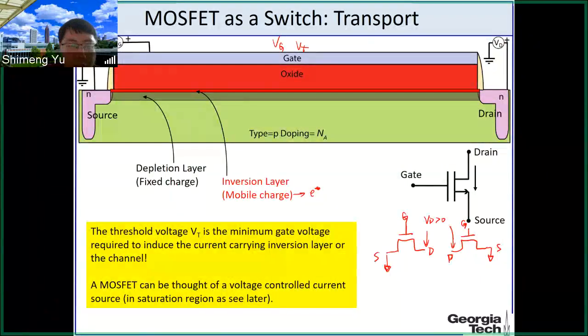That is a fixed charge by the dopant, and in this case it is the acceptor, p-type, Na minus. But the fixed charge cannot move, okay? Only the free electrons can move under the electric field. And in this case, the electrons move from the source to the channel and then connect to the drain.